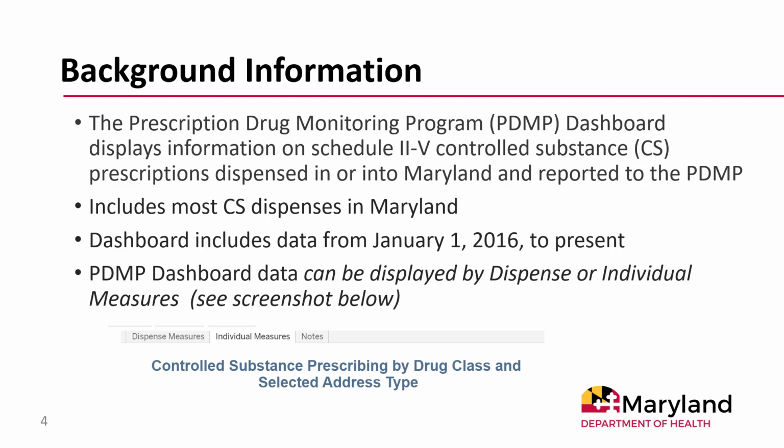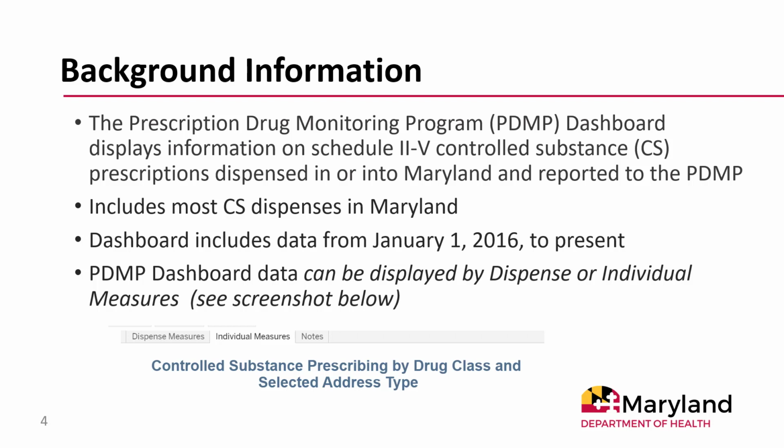The dashboard includes dispenses from January 1, 2016 to present. Data prior to 2016 has been archived. The dashboard displays data based on dispenses measures or individual measures. If you're interested in understanding the amount of controlled substances that are dispensed, I recommend viewing the Dispense Measures tab.